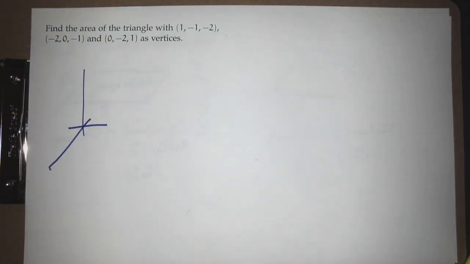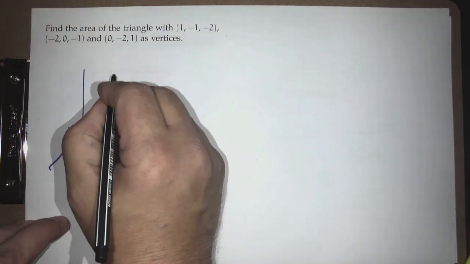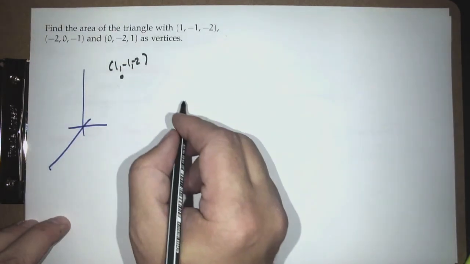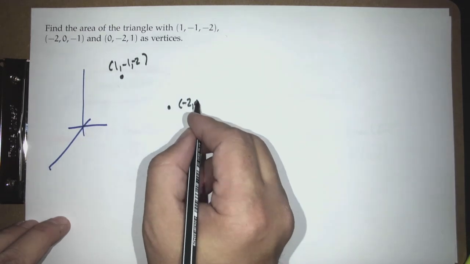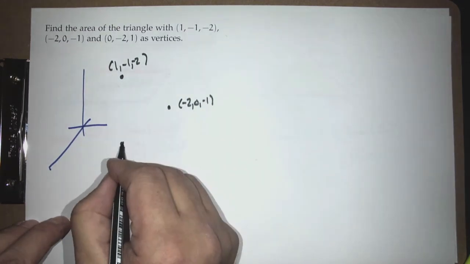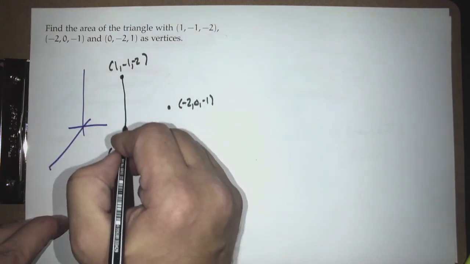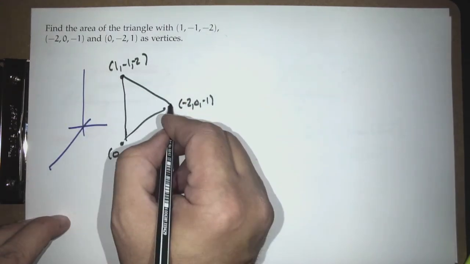So first off, draw a picture. Does it need to be right? No. It just needs to be enough to get our intuition. So we have points 1, negative 1, negative 2; negative 2, 0, negative 1; 0, negative 2, 1. And lo and behold, we have our triangle.